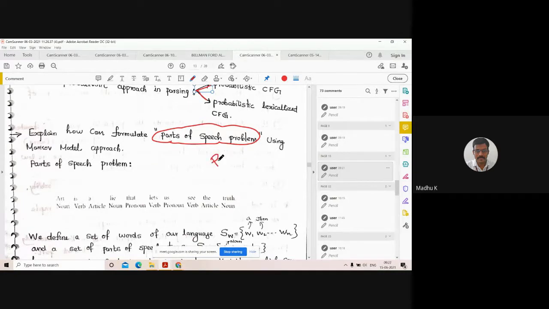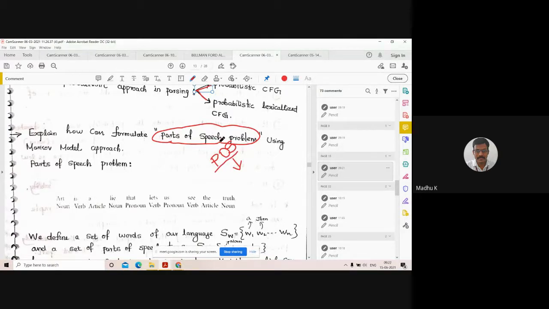POS is the full form. In a previous university exam, they asked this question: explain the POS tagging problem. POS means part of speech.